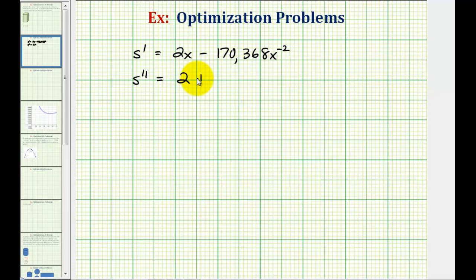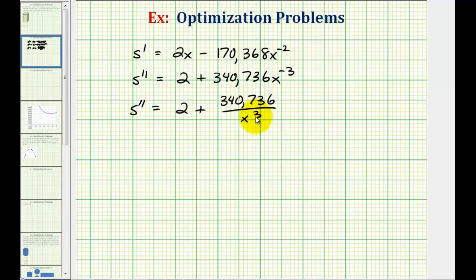So that'll be plus 340,736x to the power of negative 2 minus 1, which is negative 3. Let's write this using a positive exponent. So S double prime is equal to 2 plus 340,736 divided by x cubed.